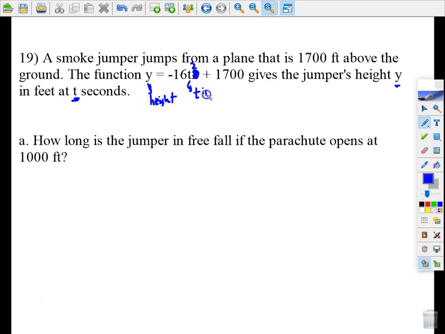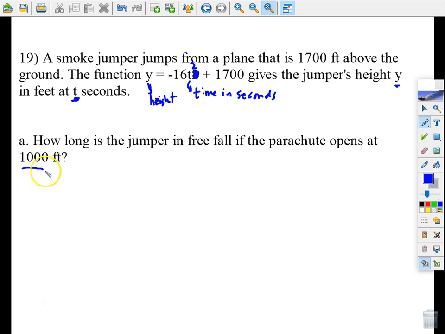Let's keep that in mind because in these problems they're going to give us a certain number that references height. The problem says how long is the jumper in free fall, so that means how much time is he in free fall in seconds if the parachute opens this far above the ground.